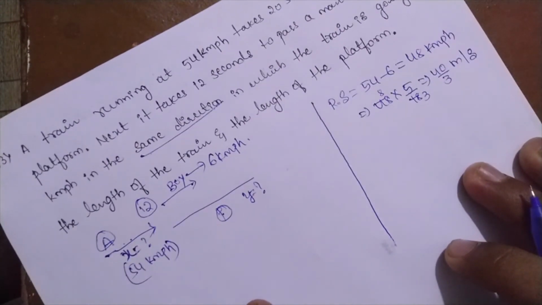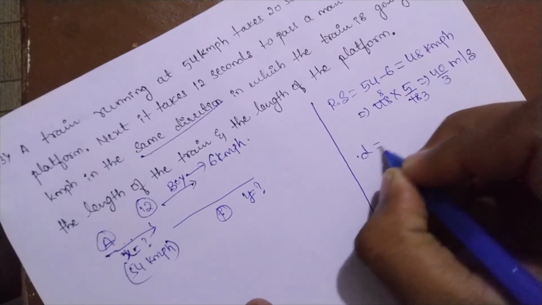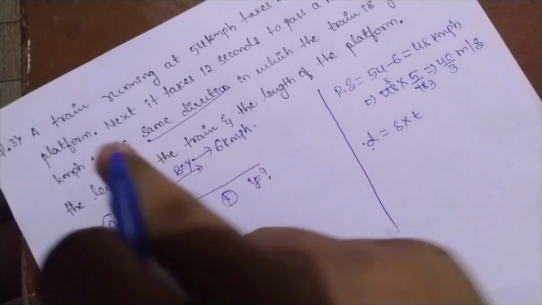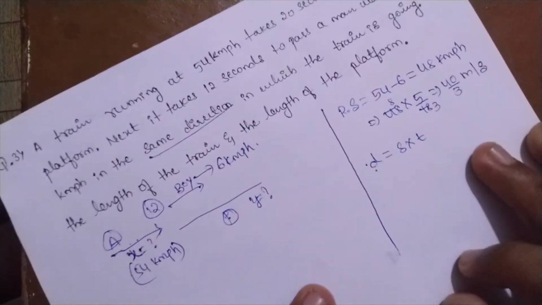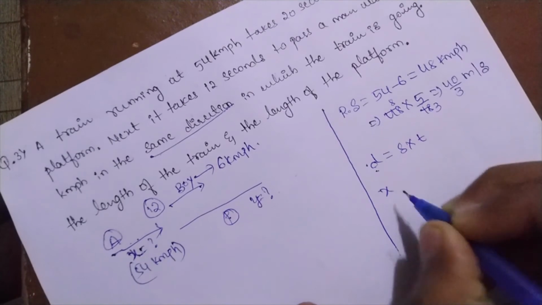So we need to find the length of the train now, because the length of the train is not given. Let's use the formula distance equals speed into time. Distance means the length of the train, because the boy doesn't have any length. The length of the train we consider as x.